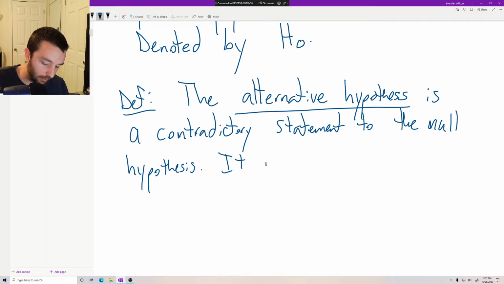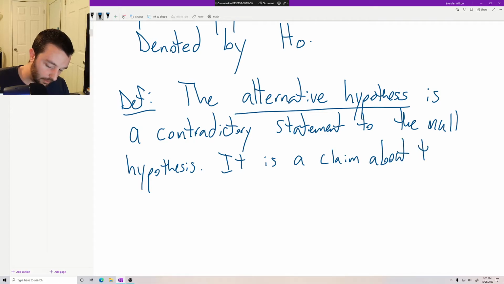It is a claim about the population, just as the null hypothesis would be.